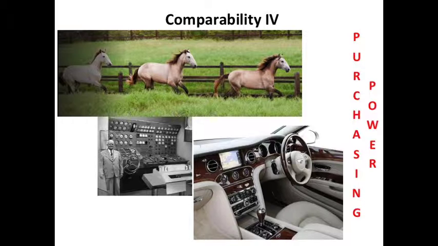You needed a large room for this kind of powerful computer for what you can do today with your tablet. So purchasing power means what do you actually get in terms of the quality of the goods you have.